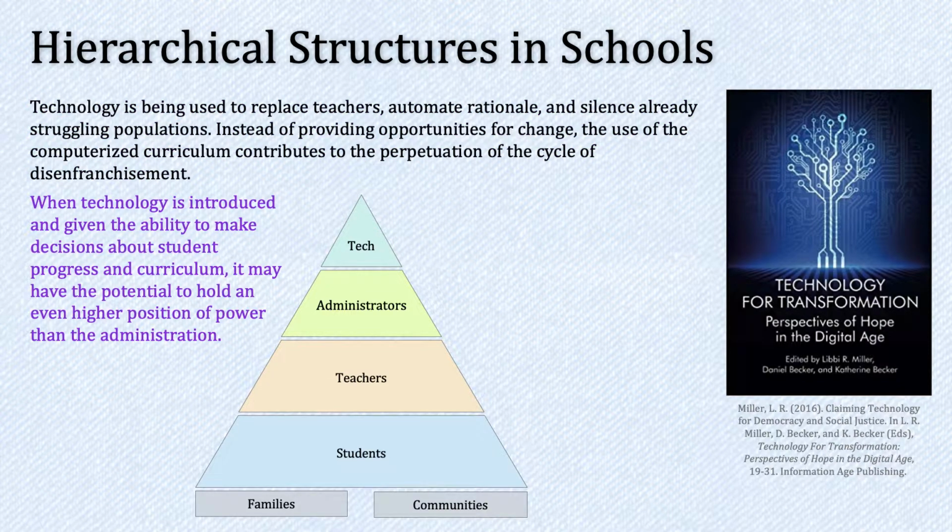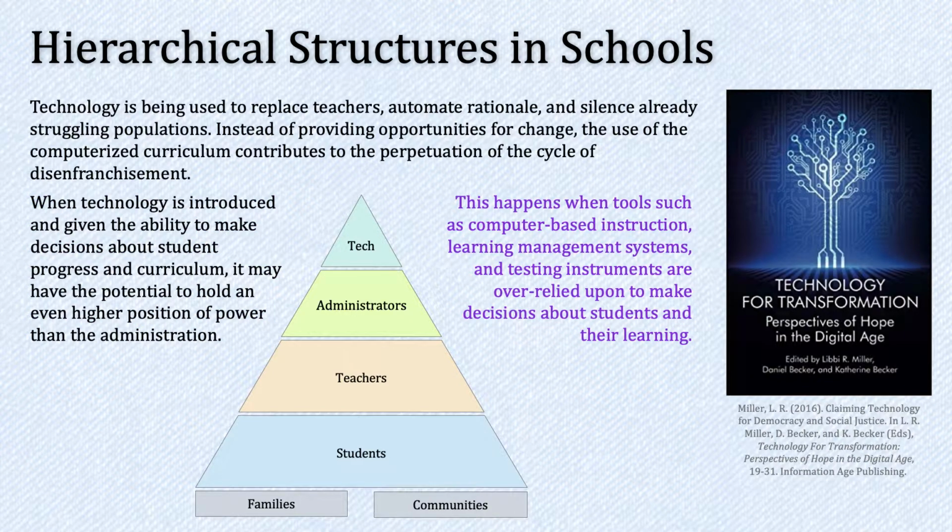When technology is introduced and given the ability to make decisions about student progress and curriculum, it may have the potential to hold an even higher position of power than the administration, as shown here in this hierarchical model. This happens when tools such as computer-based instruction, learning management systems, and testing instruments are over-relied upon to make decisions about students and their learning.